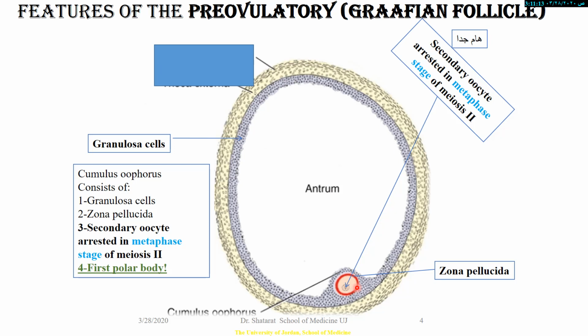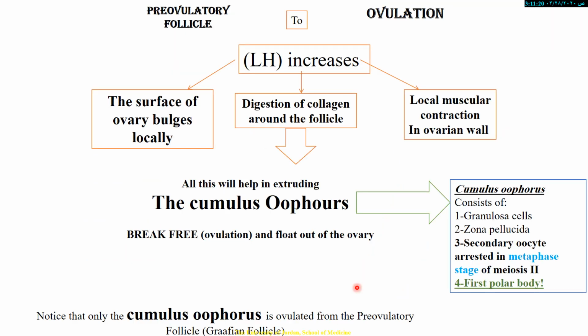So today we will finish this stage. Now we need to talk about the pre-ovulatory or Graafian follicle, how it will be ovulated. So today we will talk about ovulation.